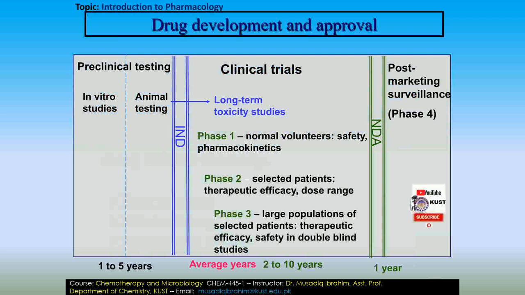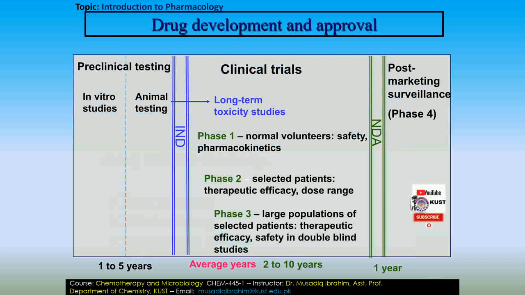preclinical testing, in which you have in vitro studies. In vitro studies are laboratory based studies in which the drug is studied for whether it is soluble in polar solvents or non-polar solvents, what its solubility is, its precipitation, its specific gravity, and other factors.